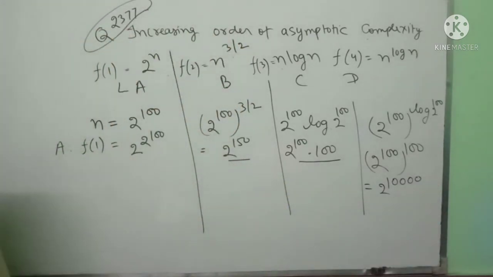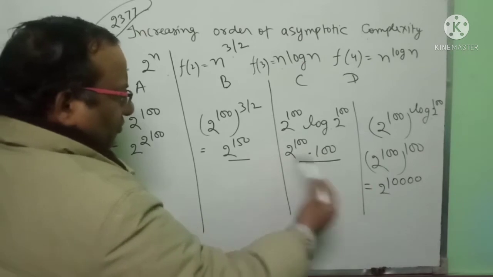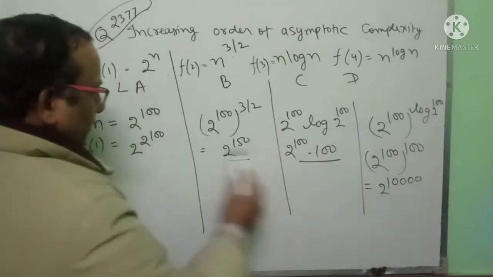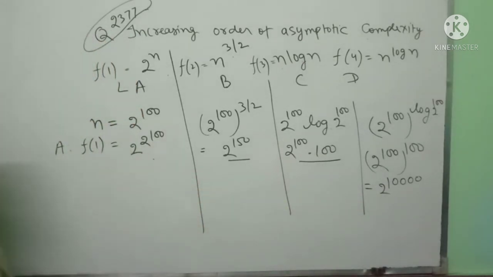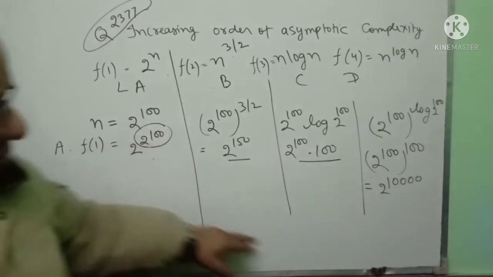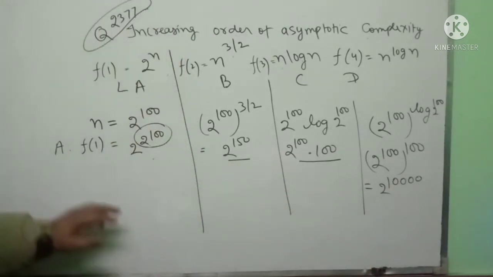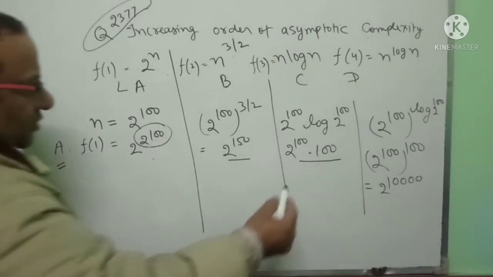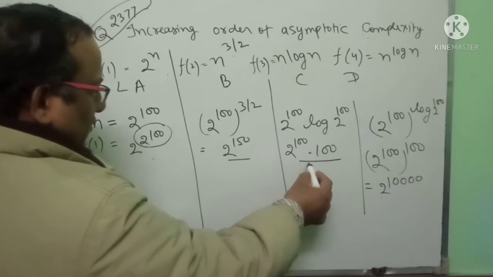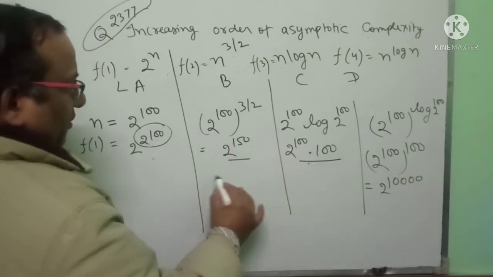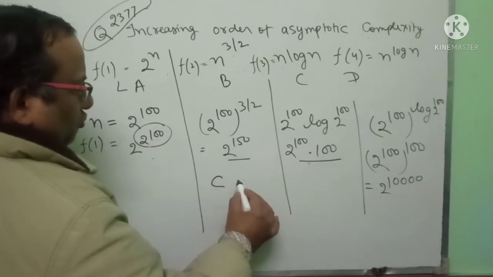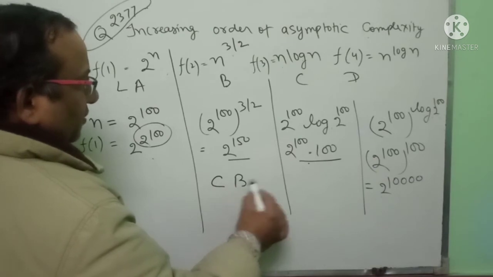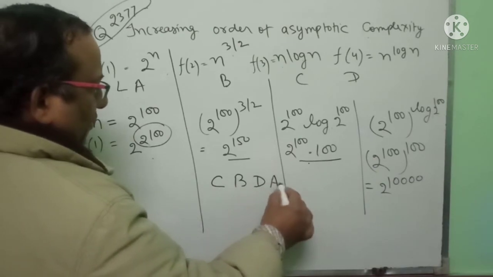Now comparing this with these two, obviously this one is greater, but 2 raised to the power 100 is a very big number compared to 10,000. So obviously this one is highest, this one is lowest. So the increasing order should be C, B, D, A.